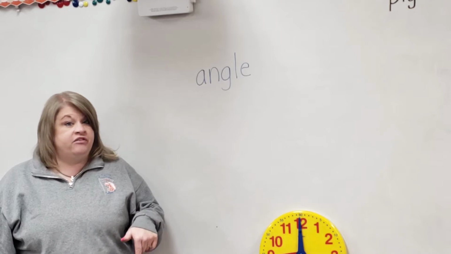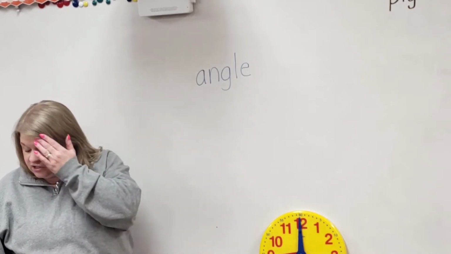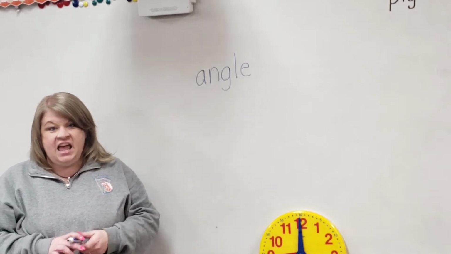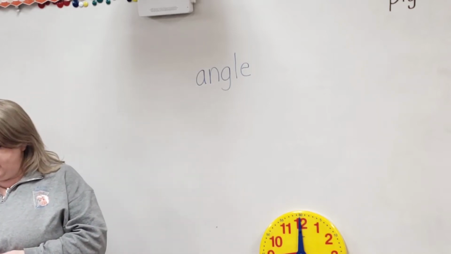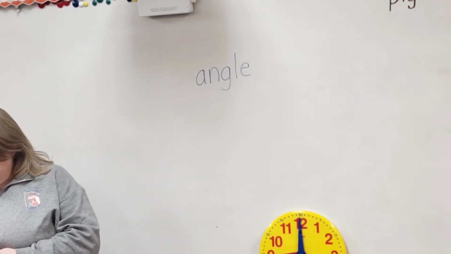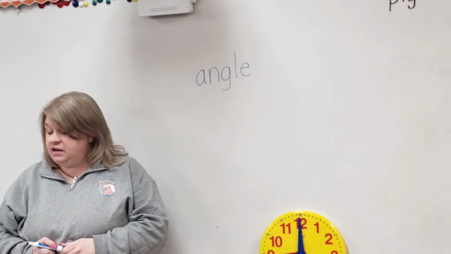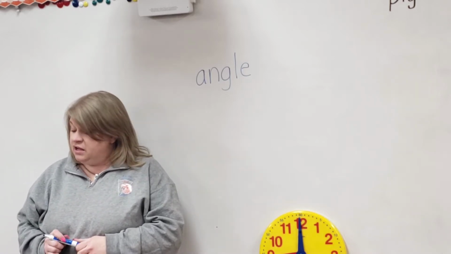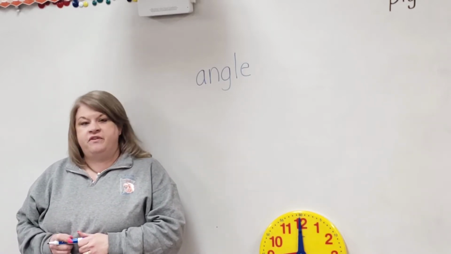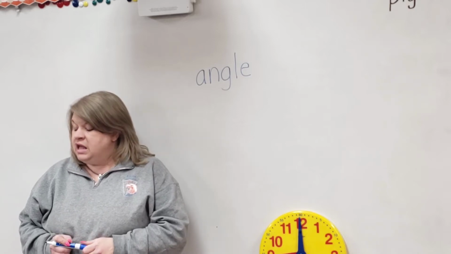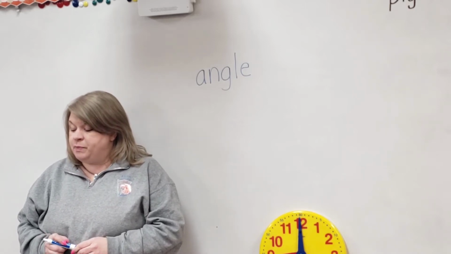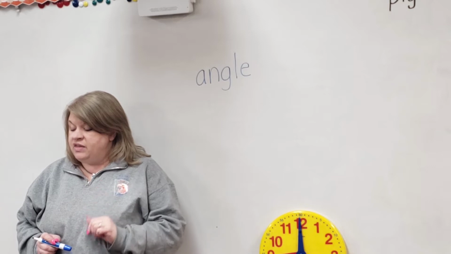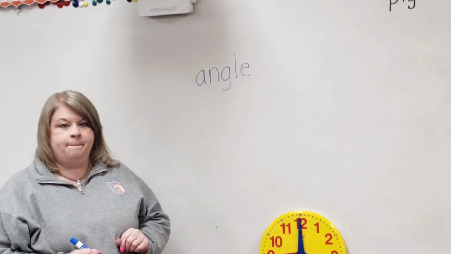Open your hardcover math book to page 306, and then you'll see what we're talking about with angles. At the top it says 9-2 Angles. Angles are kind of fun. Let's look at what it says. Angles are formed by two rays that start out from the same point.